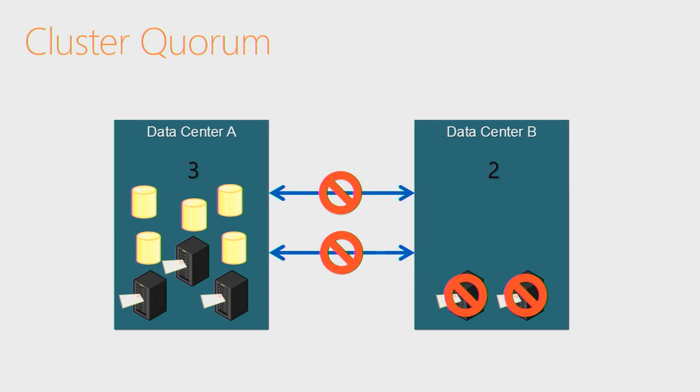Now, the file share witness really doesn't change this behavior, right? If this link goes down, I'm still OK. When I lose this one, I'm still OK. The difference is I then have a lock that occurs in the file share witness, and my databases will fail over in response to those nodes going down, right? But again here, if I lose the file share witness, am I going to be OK?